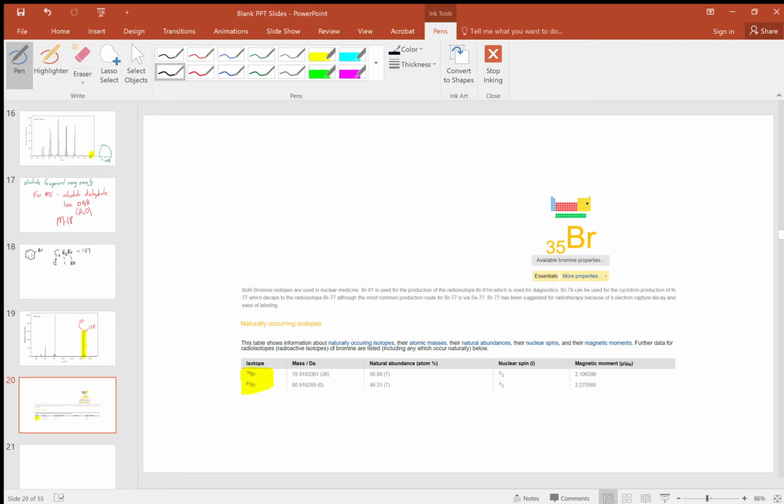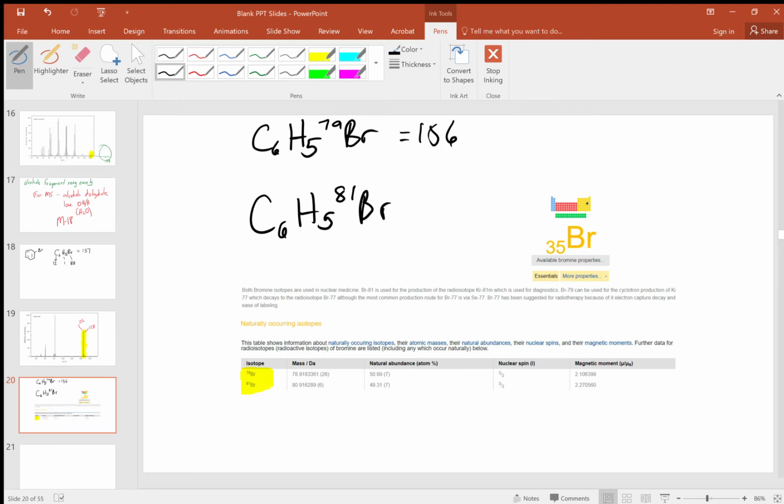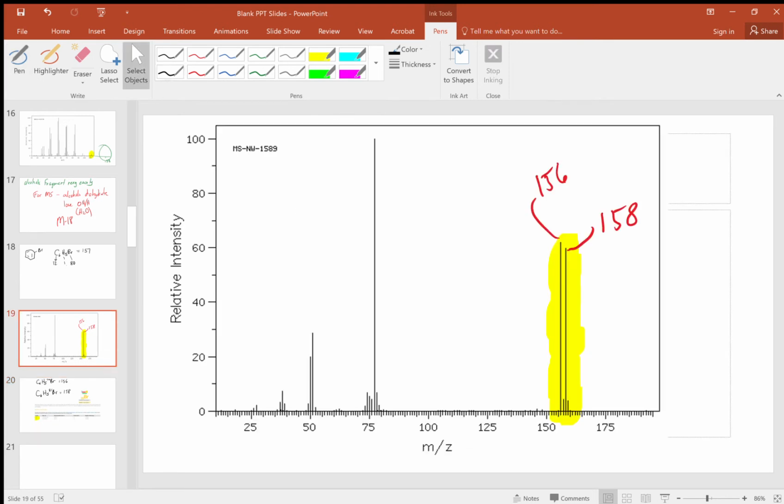So if we now look at the two possible bromobenzene molecules we have, C6H5 bromine 79 and C6H5 bromine 81, we can add up their masses and we find that we get 156 for the bromine 79 and 158 for the bromine 81. And those are the two peaks we saw.